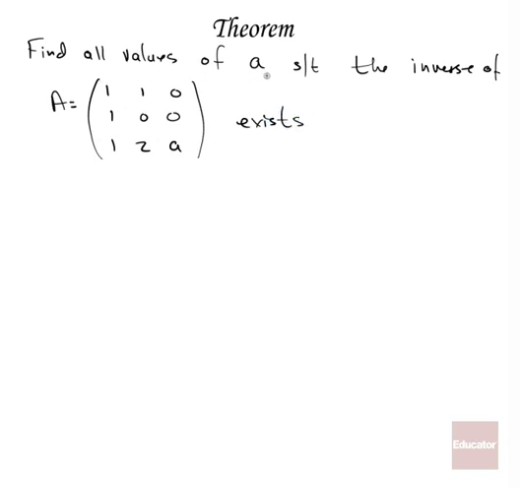So find all values of a, that's a right here, such that the inverse of this thing actually exists, meaning it is non-singular, it is invertible.